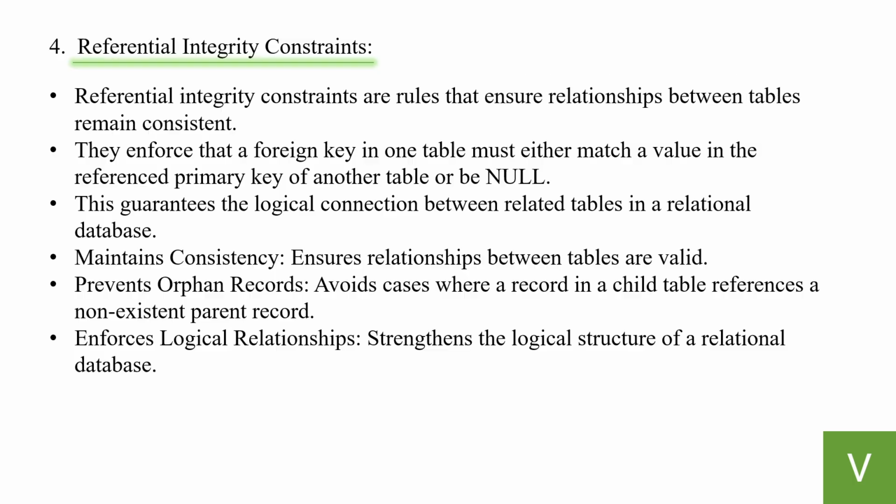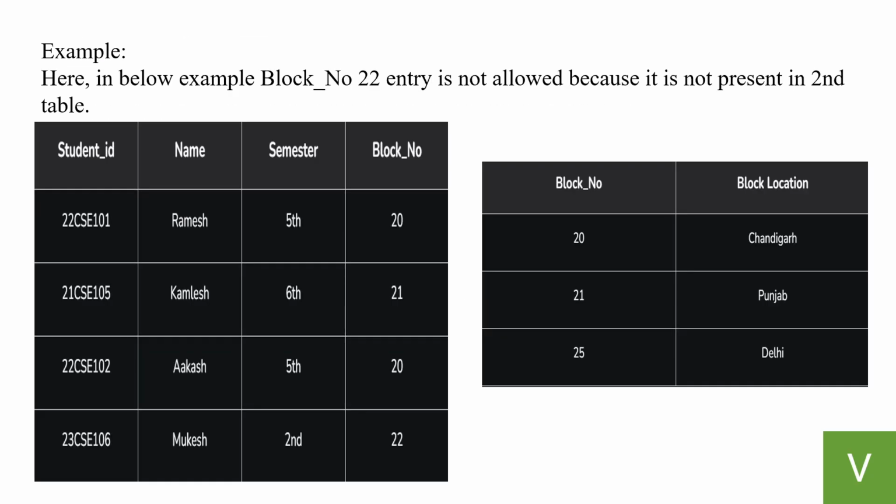The first condition is satisfied. Now observe the second condition. The foreign key in one table must match a value in the referenced primary key. The foreign key in one table, which is 20, must match its primary key in the second table, which is 20.